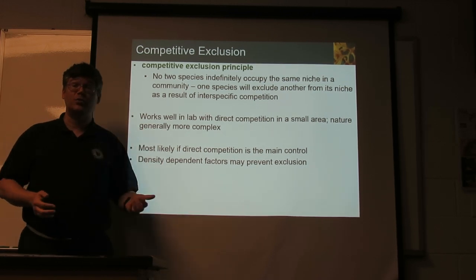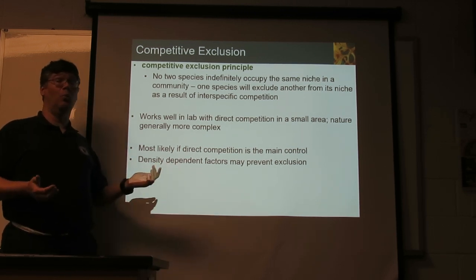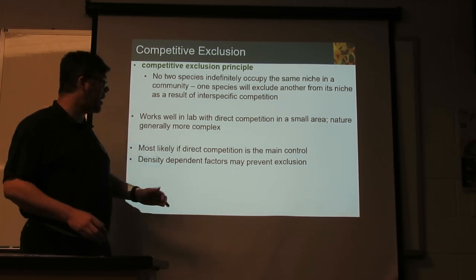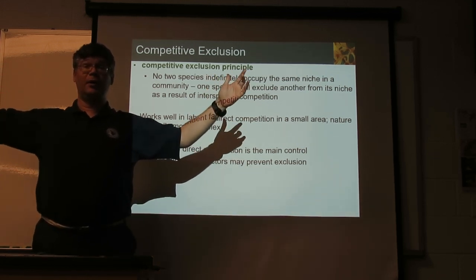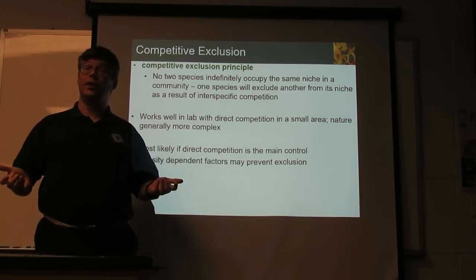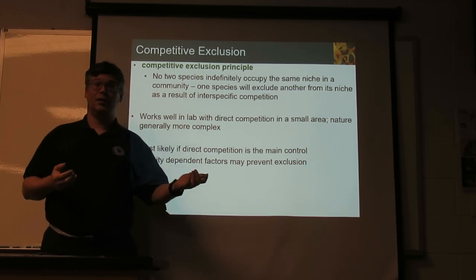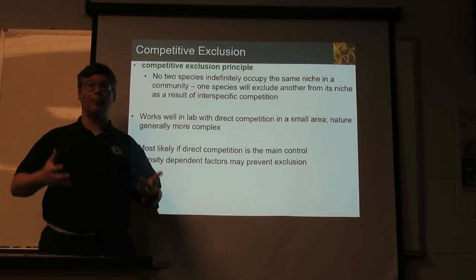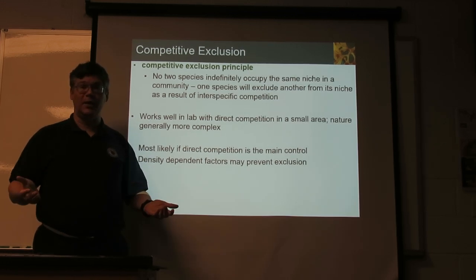Another complication is, what if we've got some density dependent factors that kick in? One species starts to get more common, it's outcompeting the other, and as it gets real common, all of a sudden it's having all these problems due to the higher density. Remember, we talked about things such as disease tends to be a bigger problem when you've got more individuals together in close space because it spreads easy.